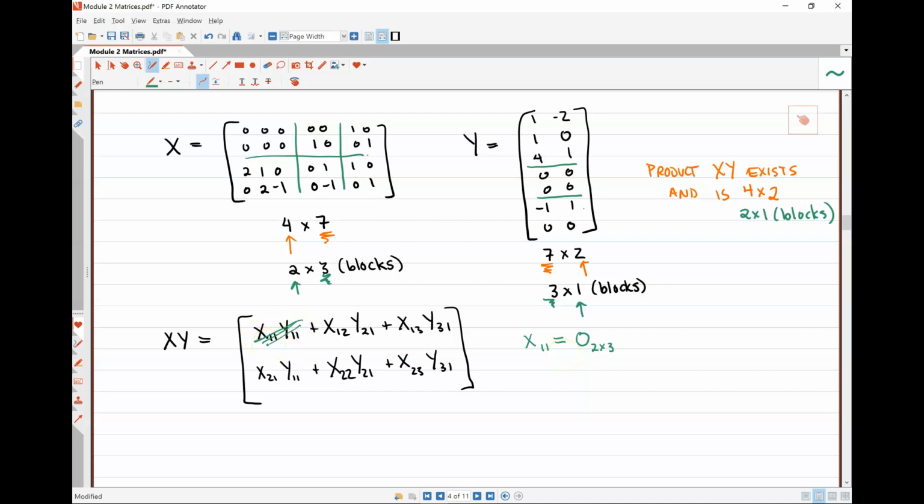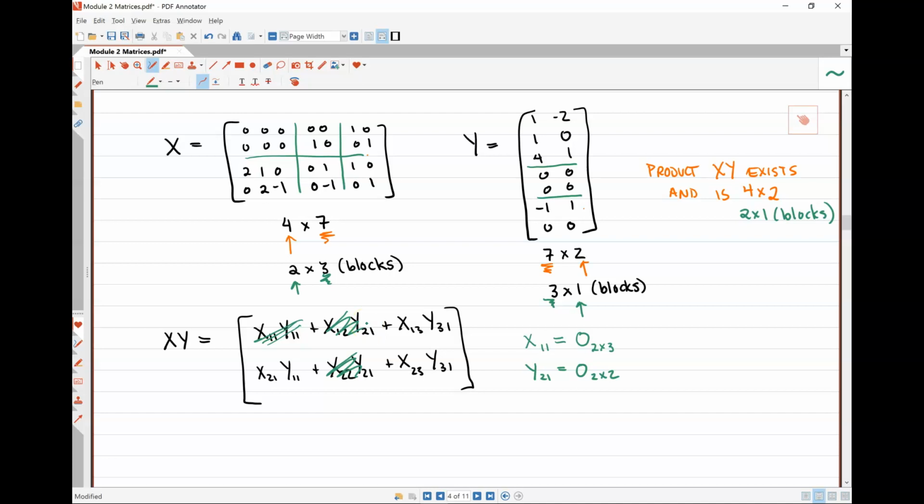There's nothing to compute because we know x11 is the zero matrix. We also, if we take a careful look, we'll see that y21 is the 2 by 2 zero matrix. So anything we multiply y21 by is also going to be just 0. So those terms go away.